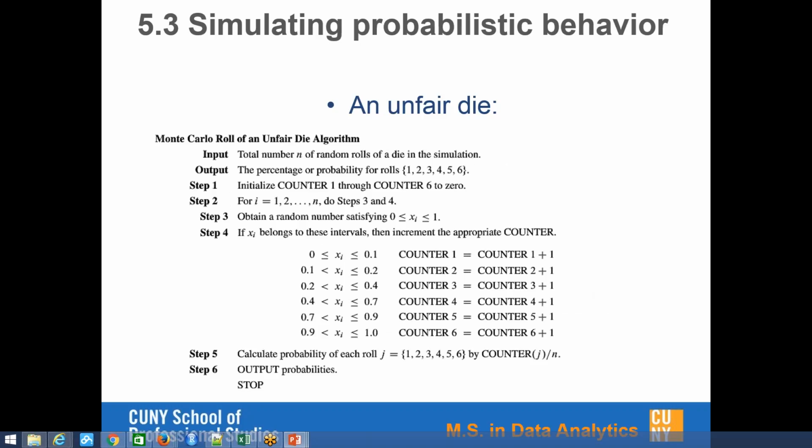So it's really not a fair die. In that case, you can do a very similar approach as the previous one, except that when you get that random number, you want to check where it belongs, and correspondingly you can increment that counter, counter 1 all the way to counter 6.